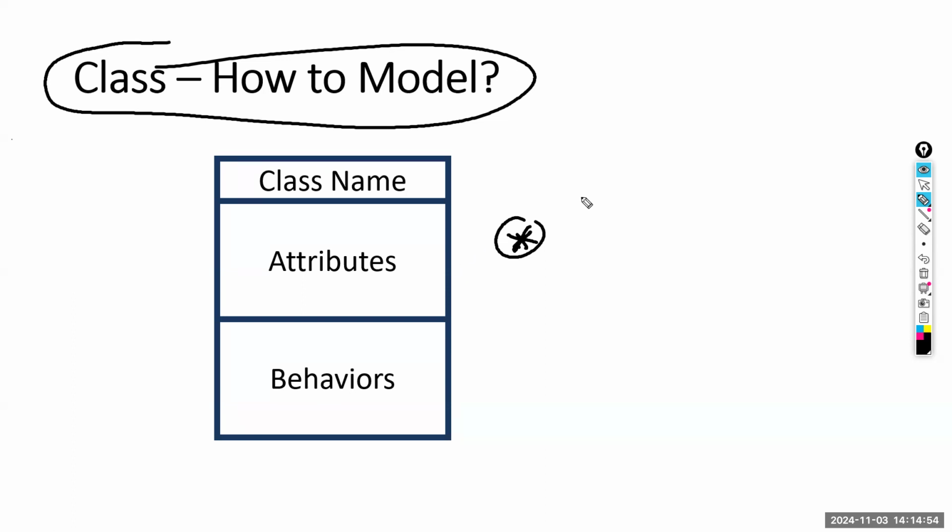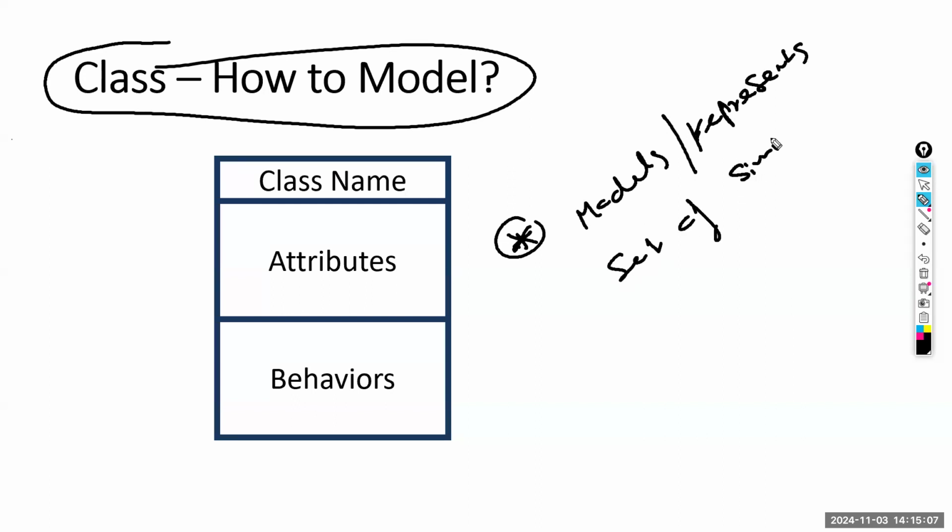A class models or represents a set of similar objects. That is the definition of class. What is a class? A class represents or models a set of similar objects, objects of the same type.